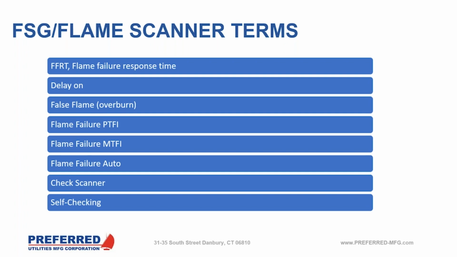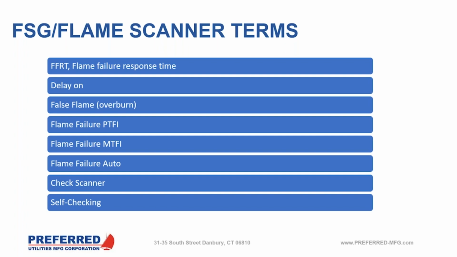Although it could be a situation also where that pilot is just not lighting. So we may have to investigate further, see if we've got an ignition transformer issue, or maybe even, again, a pilot fuel valve issue. So this is a very good troubleshooting tool. If you get this lockout, you can start looking into just the pilot.